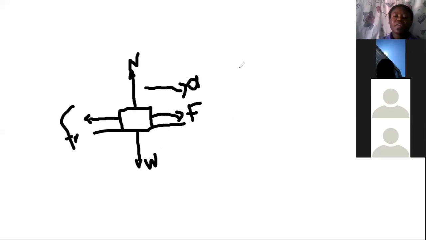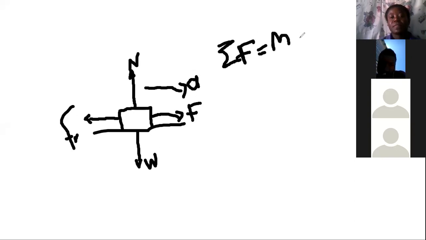If we apply Newton's second law, it says that the summation of all the forces equals mass times the acceleration. Remember this is acting in two different directions.